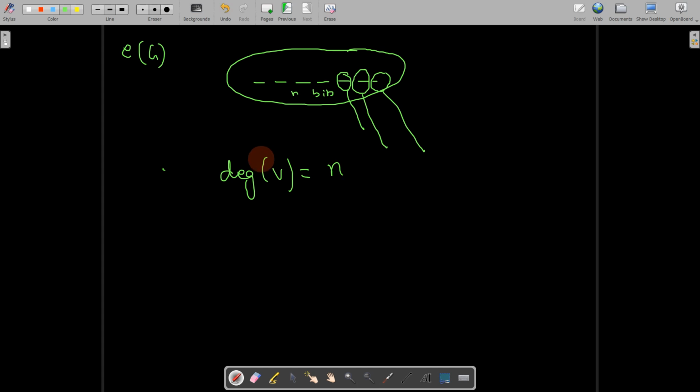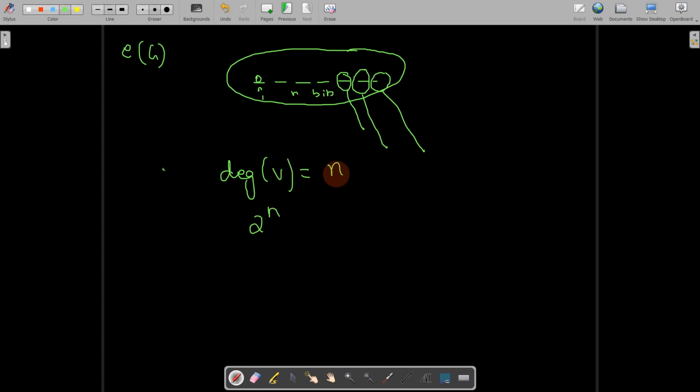And we know how many such nodes there are in total. As there are n bits, how many distinct values can these n bits take? Every bit can be either a 0 or a 1, so every bit has two choices. The total number of distinct numbers you can make will be 2 power n.